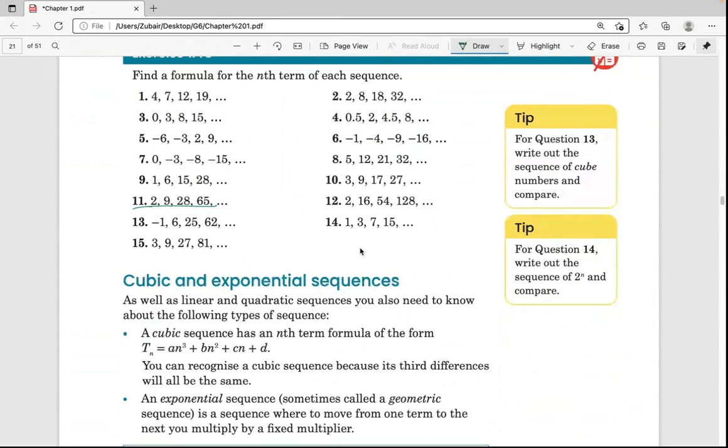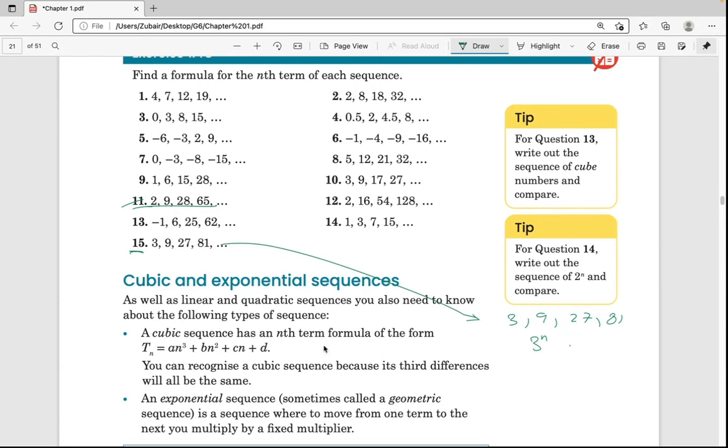Let's take a different example. 3, 9, 27, 81. I'll look into this. The difference is 6, and 27 minus 9, the difference is 18. Oh no. This is 3 raised to some power, clearly. 3 times 3 is 9, 9 times 3 is 27, and so on. So 3 raised to power n. Clear?